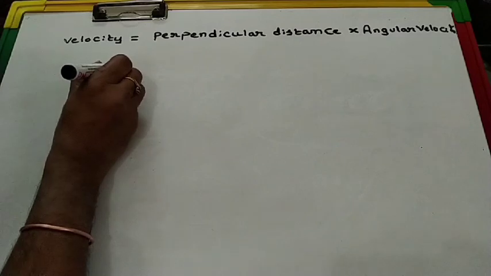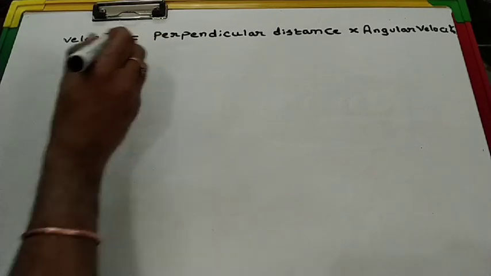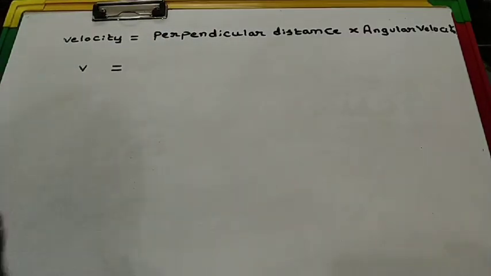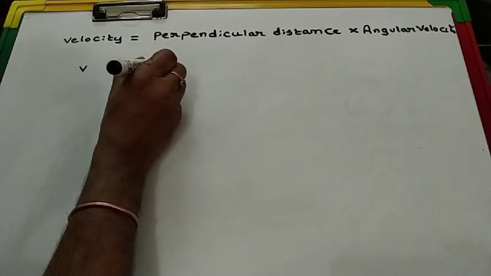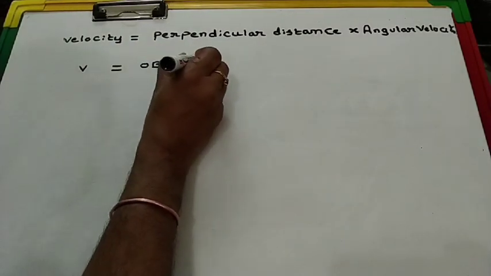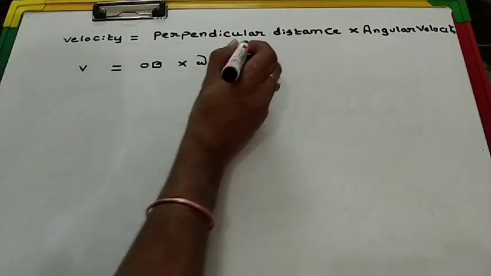Therefore, velocity is equal to perpendicular distance OB into omega. Consider equation number 2.